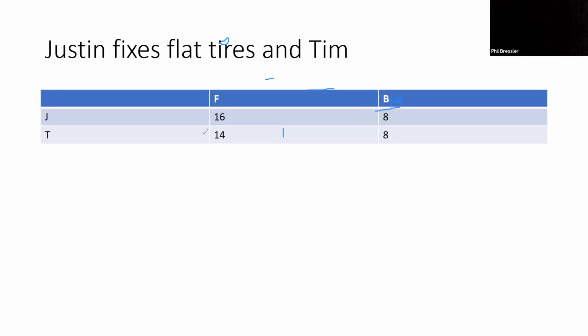For Tim, the other is flats, 14/8, like 1 3/4. All right, good job. I know if Tim has a comparative advantage for breaks, Justin has to have it for flats. Anything else before we move on?